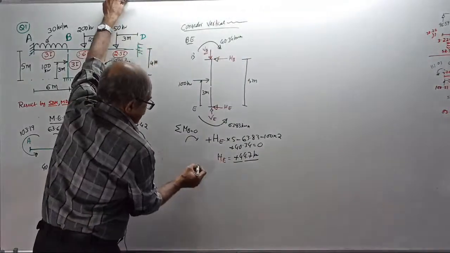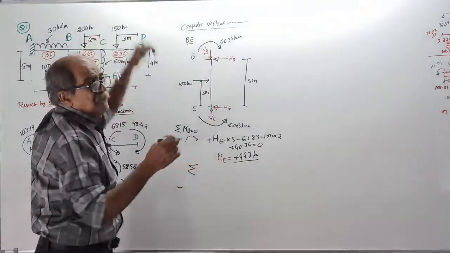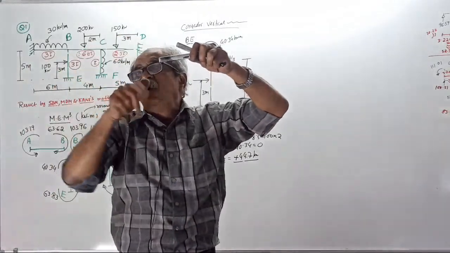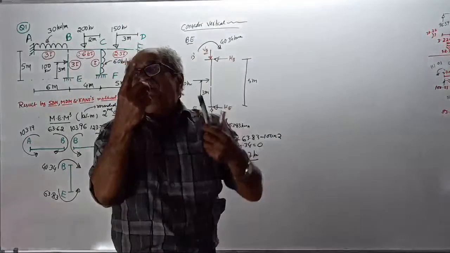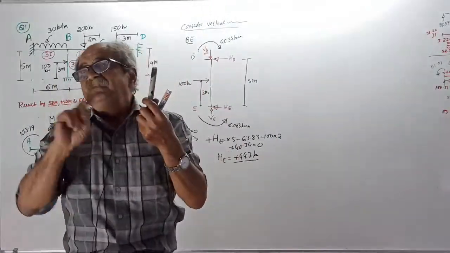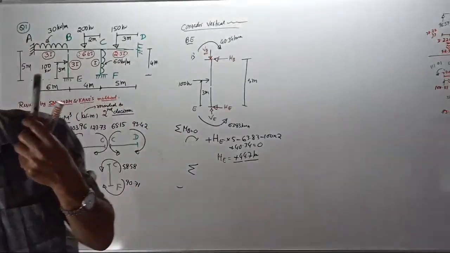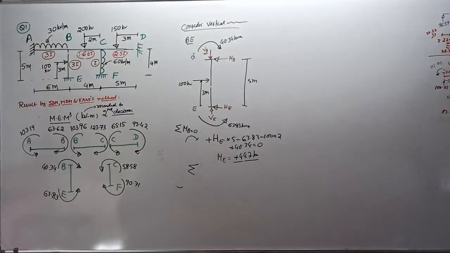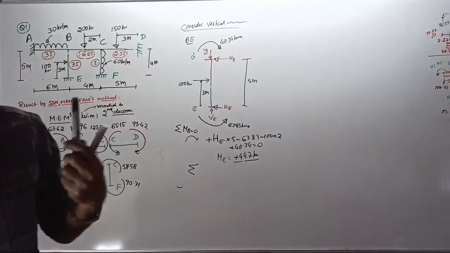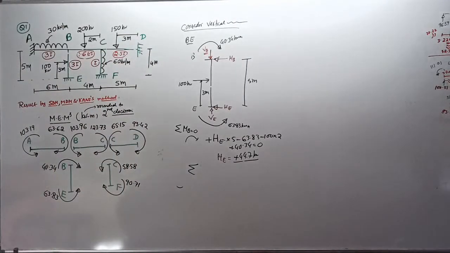Okay, then sigma M0 is over. For beams what do you do? Sigma M0 and sigma V0. Tell me, for a vertical member, sigma M0 and not sigma V0. See, for a vertical member, we want this reaction.